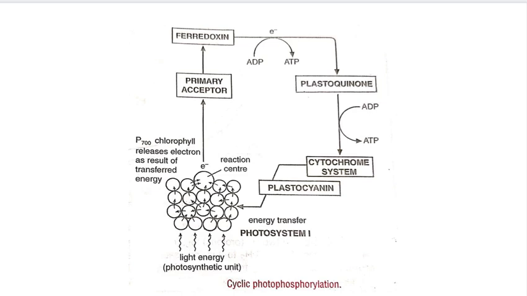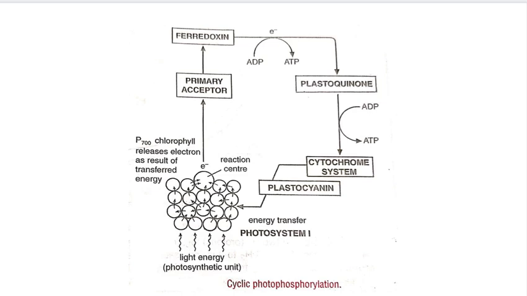Now we come to cyclic photophosphorylation. Here, as I told you earlier, it involves only one photosystem and the site is the stroma lamellae. The stroma lamellae membranes lack PS2 as well as the NADP reductase enzyme.